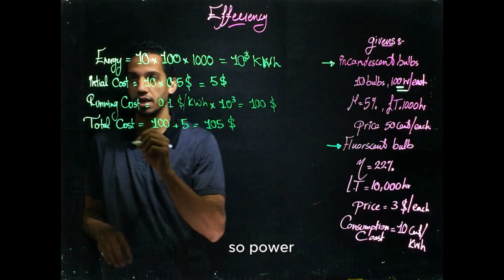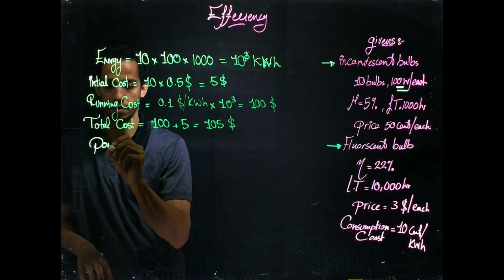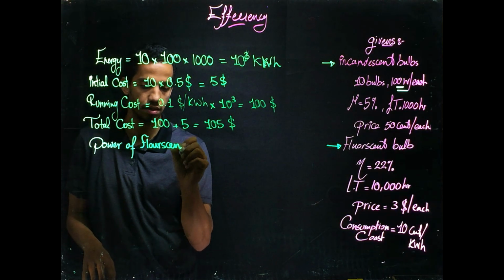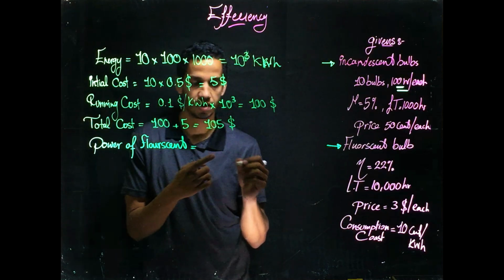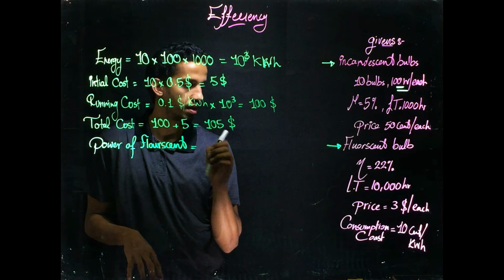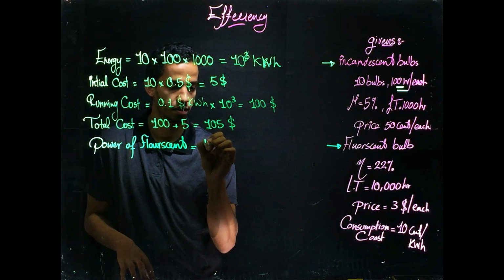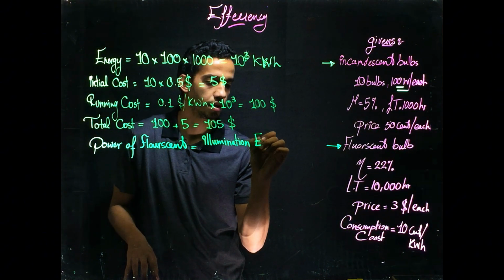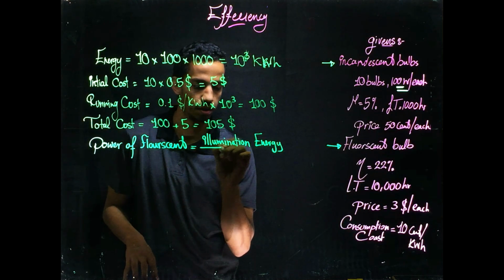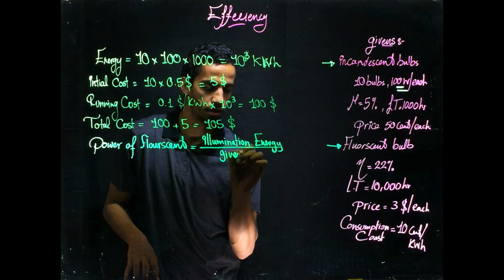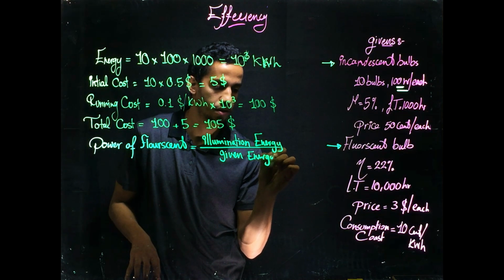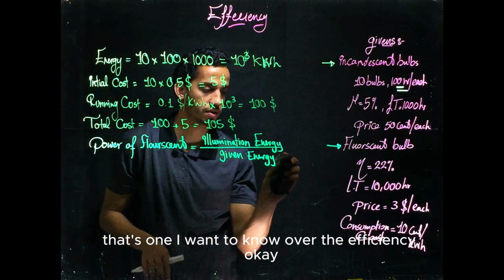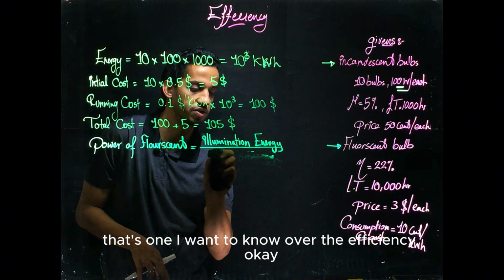Okay, so the power of the fluorescent equals the illumination energy over, not over the given energy, that's not what I want to know, but over the efficiency of it.